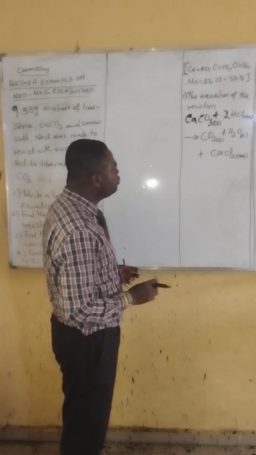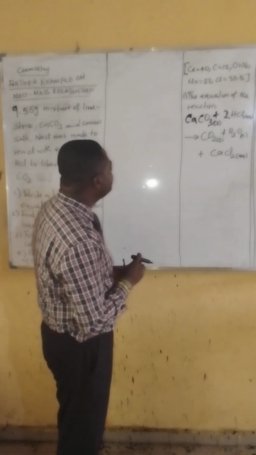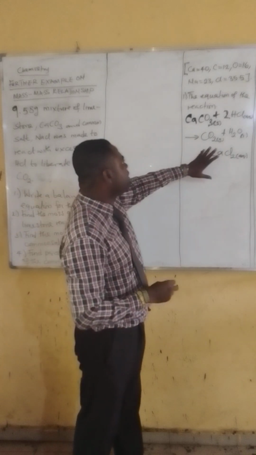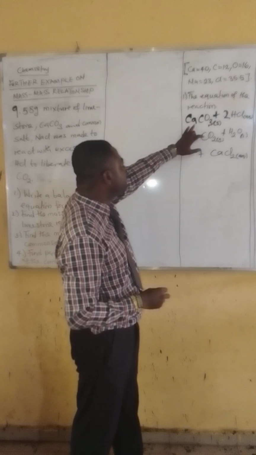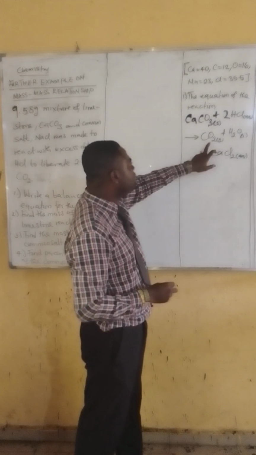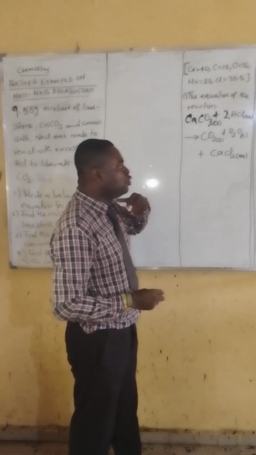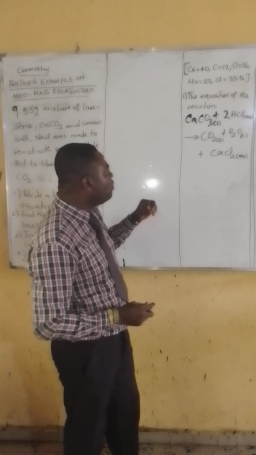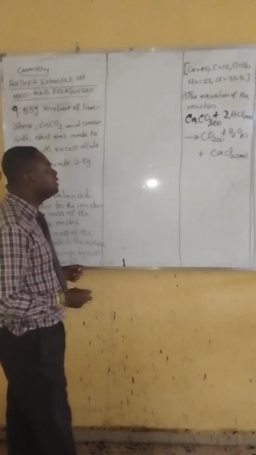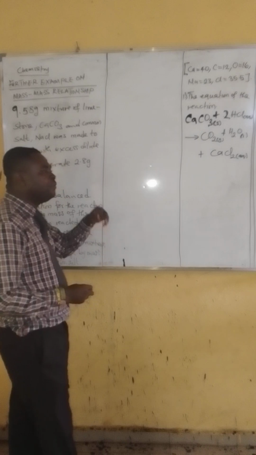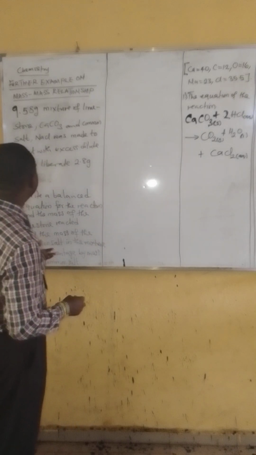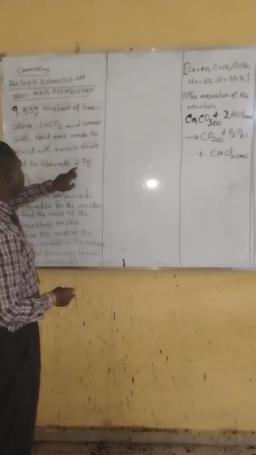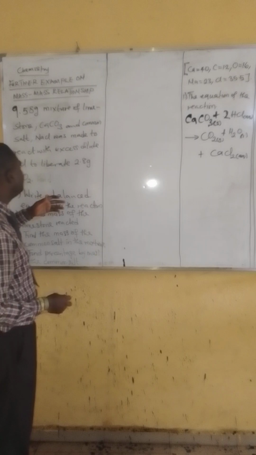So, what else do you need to do? You have this equation now. This equation contains how many things? 1, 2, 3, 4, 5. So you must relate together 2 important ones. What are the 2 important ones? The mass that is given and the mass that is required to be found. 2 masses are given: 9.58 gram was given, then 2.8 gram was also given.